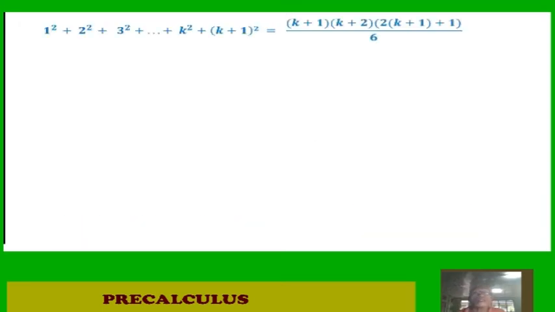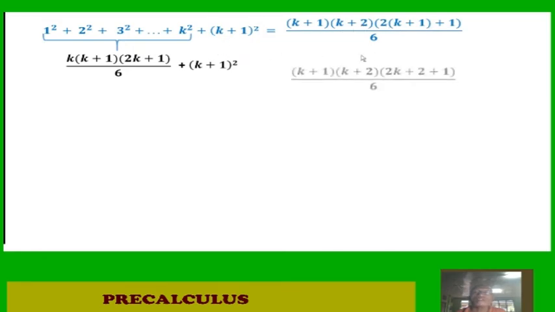Then we simplify the left side of the statement. Take note that this series up to k square is equal to this fraction, k times quantity k plus 1 times 2k plus 1. Bring this down. Then simplify the right side.